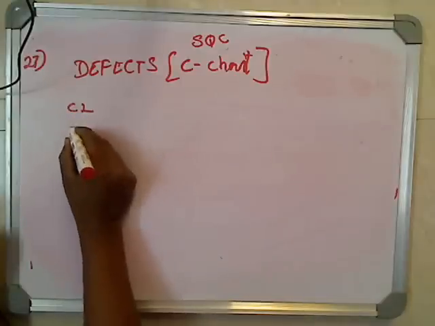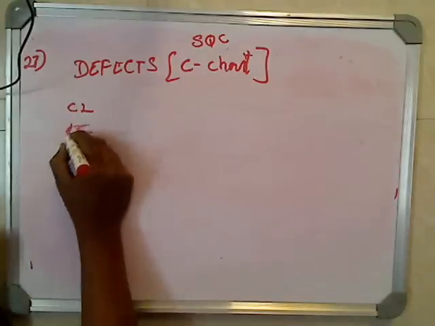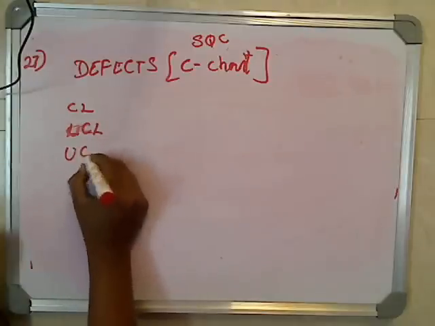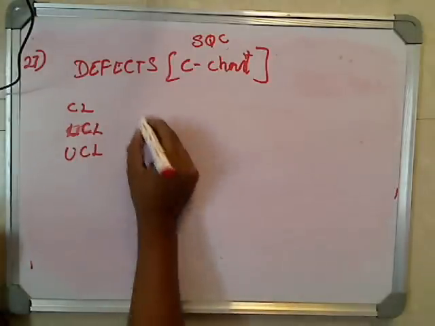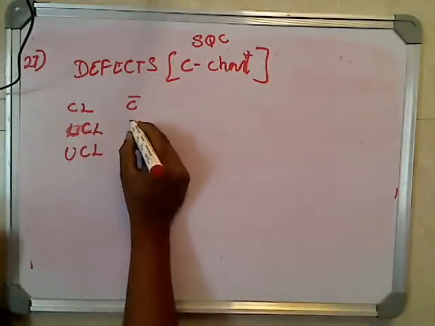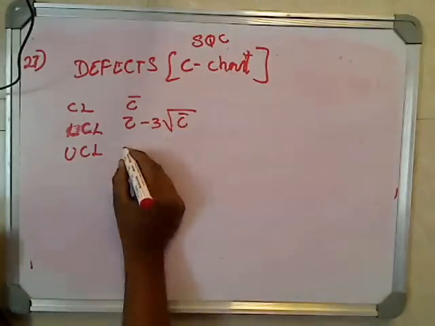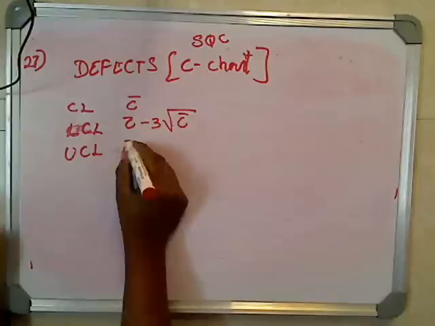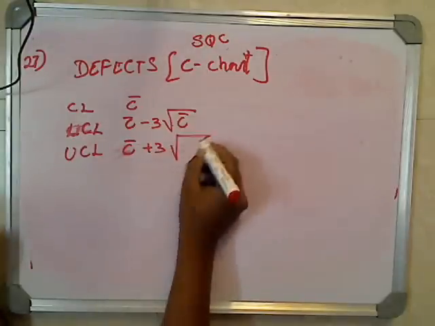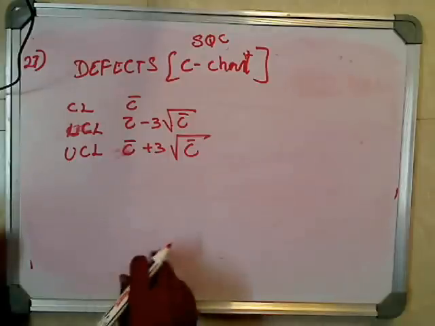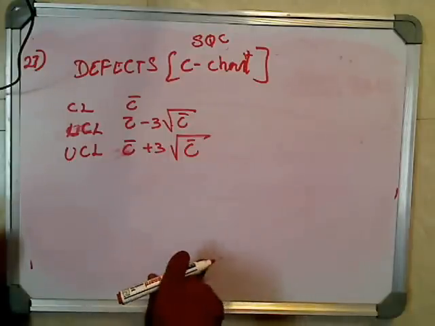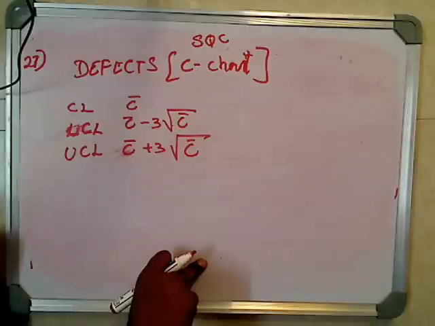It would be CL, LCL, and UCL: C, C minus 3 square root of C, and C plus 3 square root of C. Okay, so how do you end up calculating the value of C?